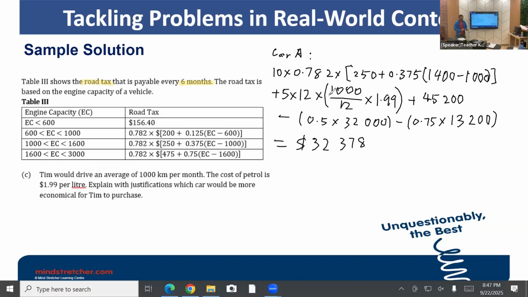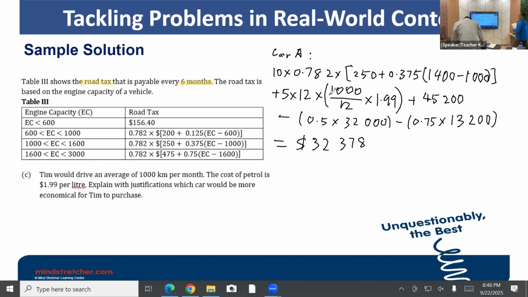Okay, I'm almost done. Just give me a minute. Yep, just trying to verify on my end. Yes, car B is going to be $30,013.50.